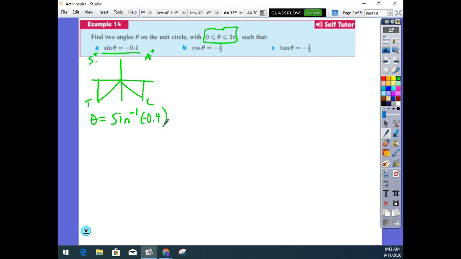Now, one thing that we'll need to talk about is the restricted domain, and I'll get to that later. But what I want you to understand is that everything that's positive, the reference angle, always goes right here in your calculator. If sine is positive, cosine positive, tangent positive.